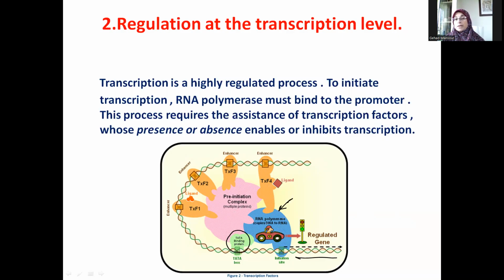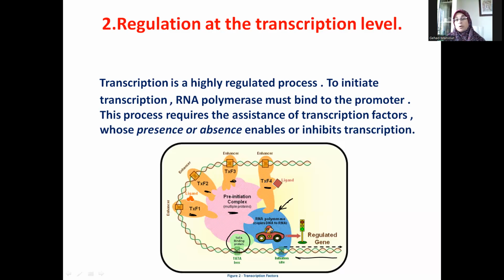In order for the polymerase to bind with the TATA box on the promoter, there are transcription factors, like those that are considered enhancers because they stimulate or facilitate the binding, together with, of course, that complex of proteins that is called the pre-initiation complex because it helps in the initiation of the process of transcription.